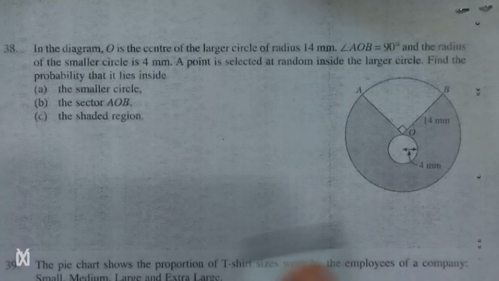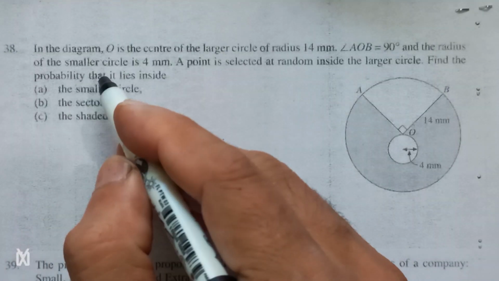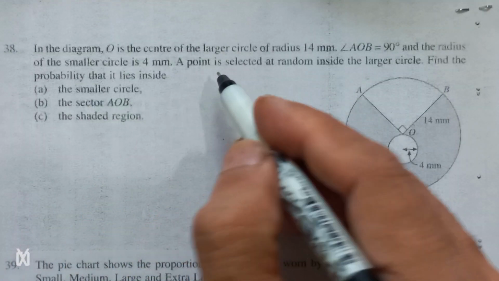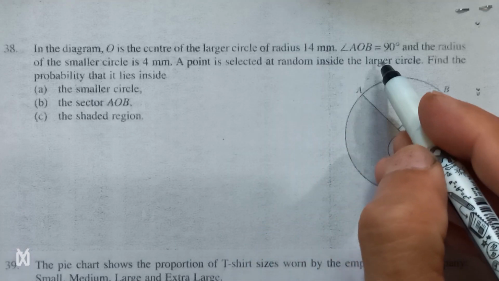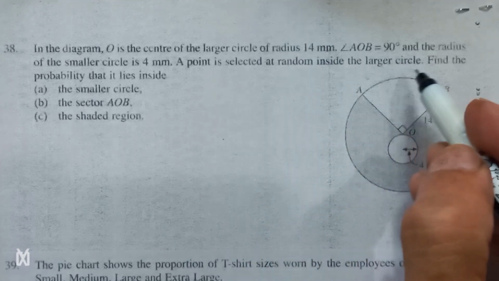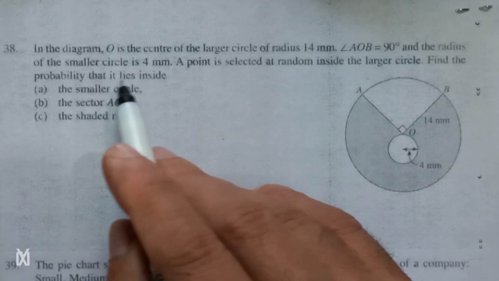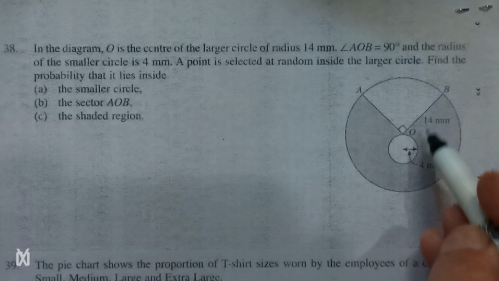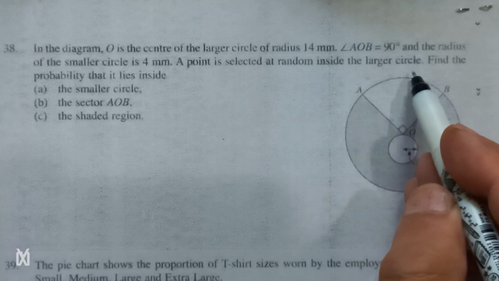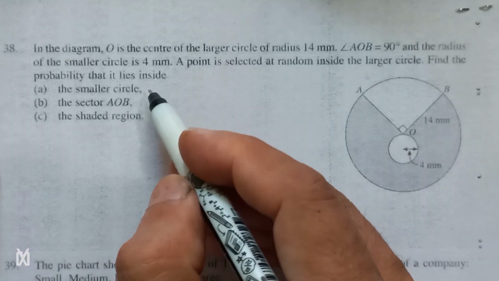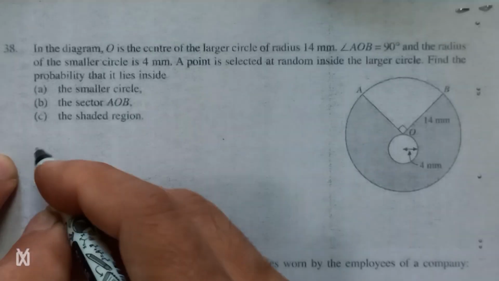The statement of question number 38: in the diagram, O is the center of the larger circle of radius 14. AOB is 90 degrees and the radius of the smaller circle is 4 millimeters. All things are given. A point is selected at random inside the larger circle. Find the probability that it lies inside the smaller circle.